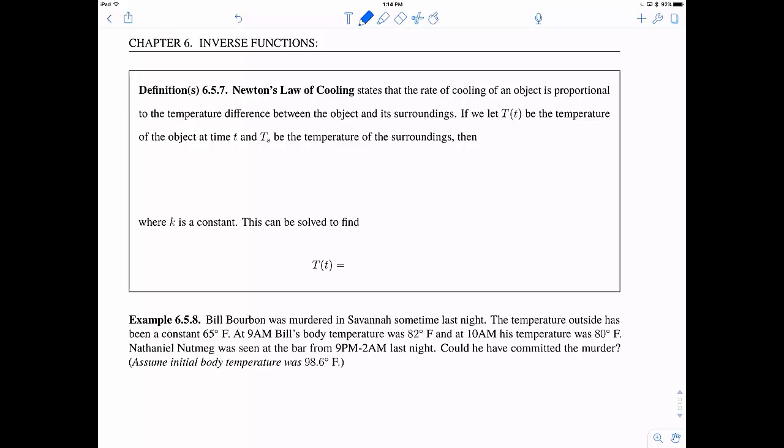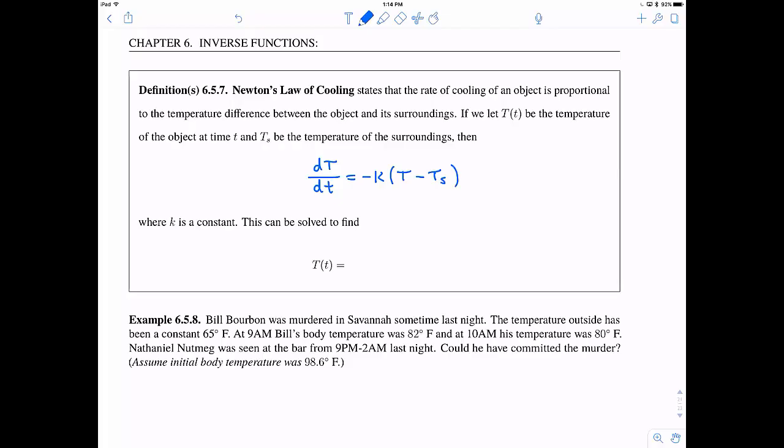All right, the last application we're going to go through is called Newton's law of cooling. It states that the rate of cooling, which is a derivative, the derivative of the temperature with respect to time, is equal to k times the difference between an object and its surrounding.